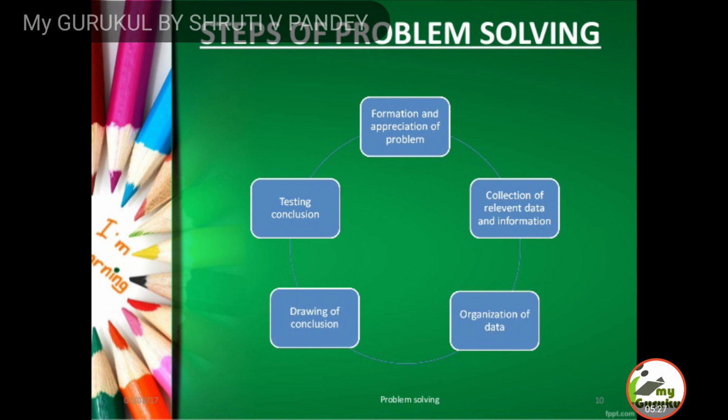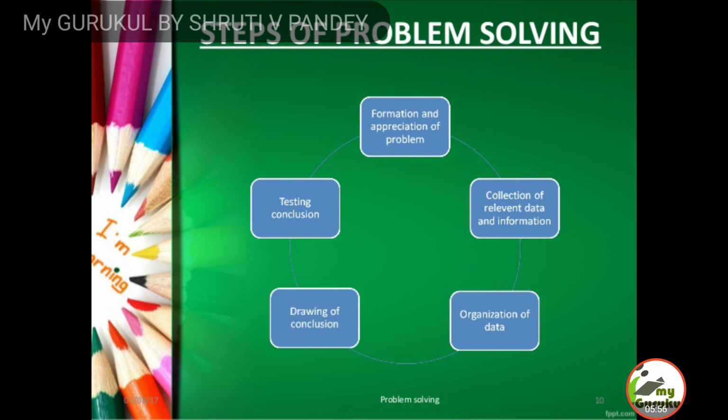Now, steps of problem solving. So, first, steps to be followed in problem solving. Step 1: identify or define the problematic situation. Next, step 2: think of all the possible alternative solutions. Step 3: check the viability of the alternatives.